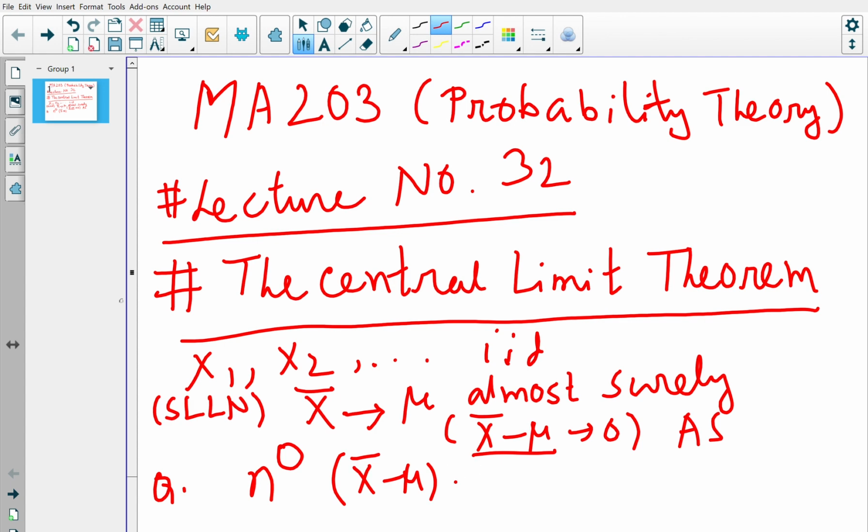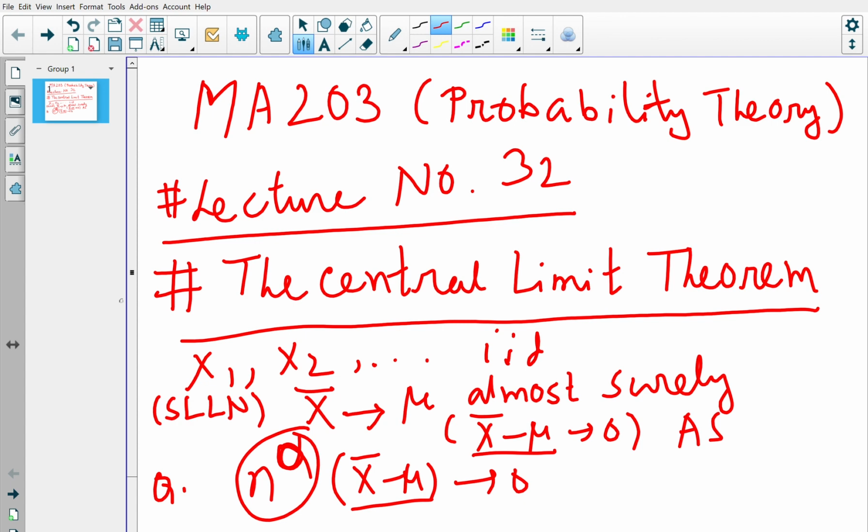If it is going to 0, then this quantity converges faster than n power alpha. And if alpha is positive, n power alpha diverges to infinity. So if the product diverges to infinity, then the convergence of the sample mean minus the actual mean is slower than the divergence of this. So this is the question.